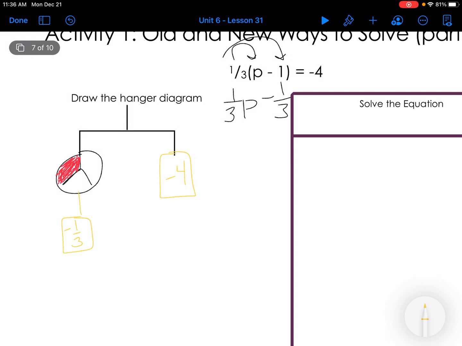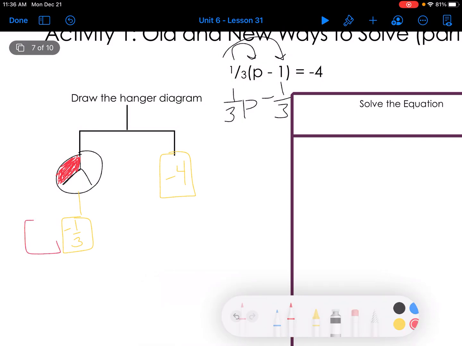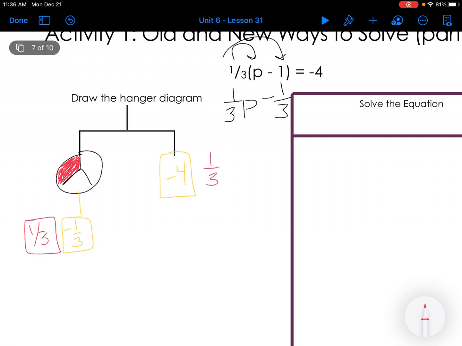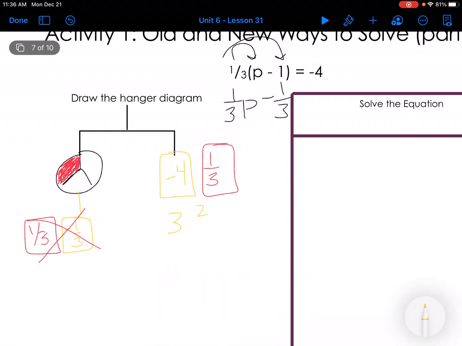All right, so to zero it out, I'm going to have a positive 1/3. So that means I have to add a positive 1/3 over here. So that leaves me with, signs are different, I have to subtract. So I'm going to be left with 3 2/3. It's going to be negative.